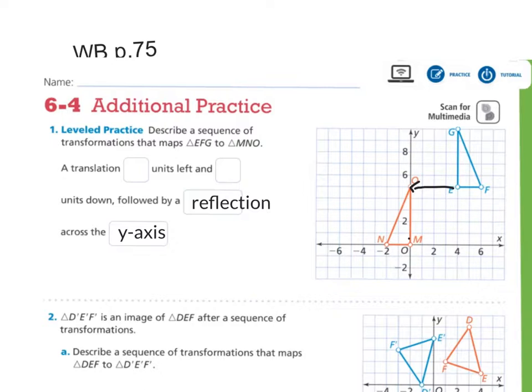So to the left we would have to go, what, 4 units, good? 4 units to the left, and then to get this to match up we would have to go down 5, good. So 4 to the left, 5 down, and then a reflection across the y-axis would be it.